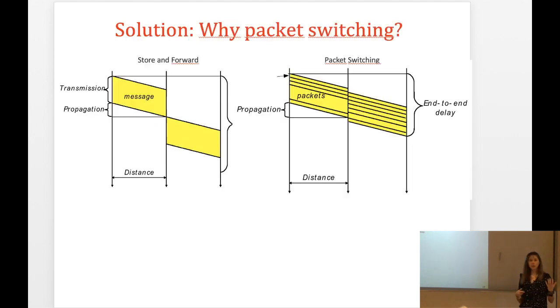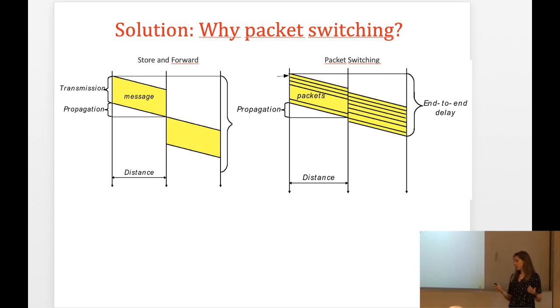Because if we use the first original way of communicating over the internet, which was using store and forward, every intermediate system needed to store the entire message. So here we have a space-time diagram where we have time on the vertical axis and space on the horizontal axis. Notice that the messages travel from place to place according to a diagonal line. It's not straight because it takes time to travel from one place to another.